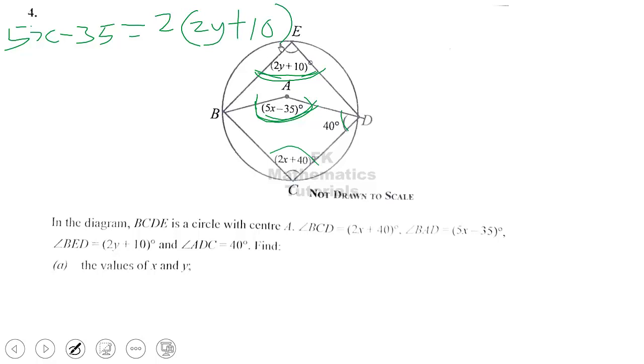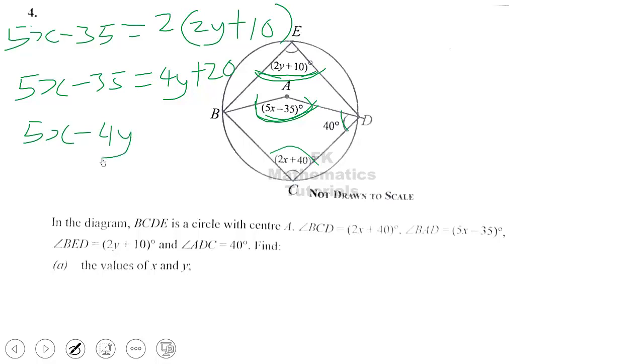So if we expand this, we get 5x minus 35 equals 4y plus 20. So 5x minus 4y, because the y comes to the other side, is equal to 20 plus 35, which is 55. So let's call this our first equation, equation 1.